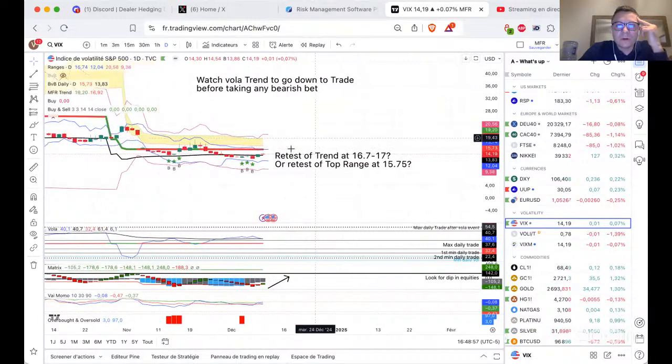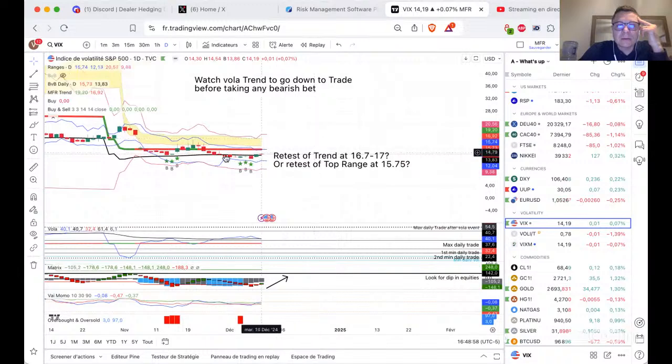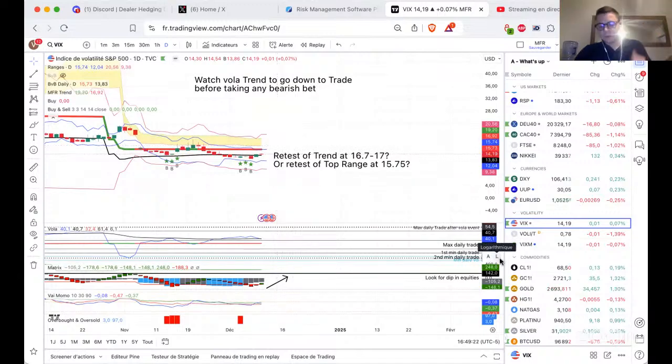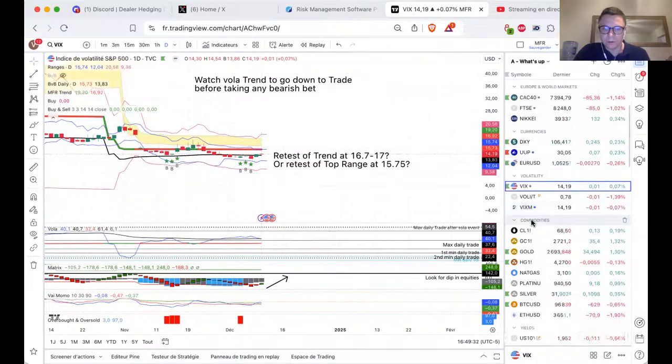So let's say you want to take a bearish bet, you need this black line above this red or green line, depends where the price is, and we are not there yet. So despite the fact that you have buys on VIX, it's not a call for VIX 40, right? It's just saying short-term vol, and then a dip to buy, and then we see what happens. So not calling for a bear market. And when I see the step 2, I'm going to call it, so you're going to know that maybe it's time to look for taking bearish bets.